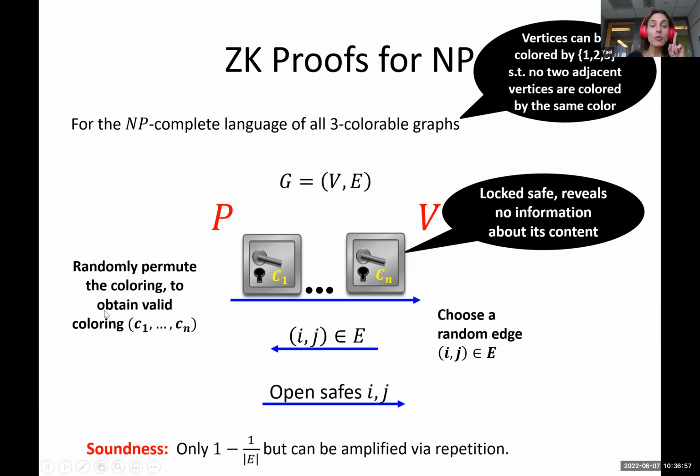Note, if you don't have this random permutation, or if you do it just once and you don't redo it again, you just keep the same coloring, eventually all the boxes will be opened and then you learn the coloring. So really not zero knowledge. So to make it zero knowledge, every time you repeat this protocol, the prover will re-randomize his coloring.